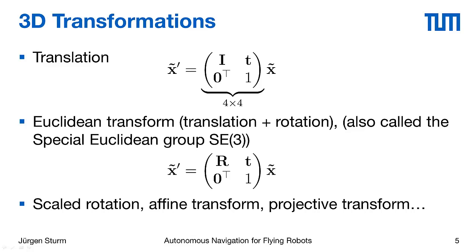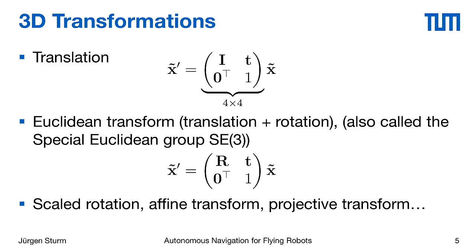And then if we replace this identity in the upper left by a rotation matrix, a 3-dimensional rotation matrix, then we obtain a Euclidean transform. Elements of this type are also called elements of the special Euclidean group of dimension 3, just saying that we are dealing here with rotation and translation at the same time.